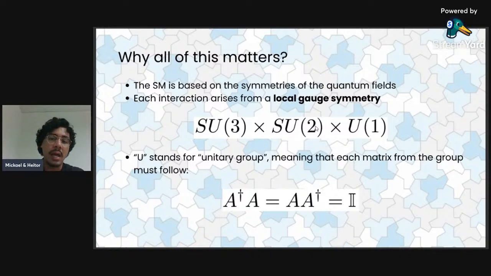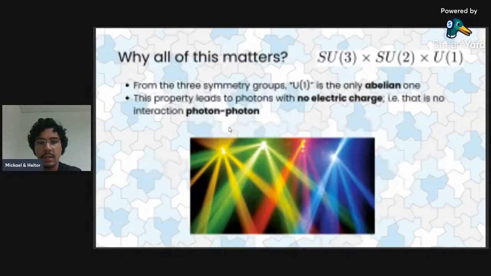This number actually tells me the dimension of the matrices of the group. In U1, I have just one dimension, so a matrix of one dimension is just a number. A matrix of dimension 2 is a square matrix, 2 by 2, then 3 by 3, and so on.